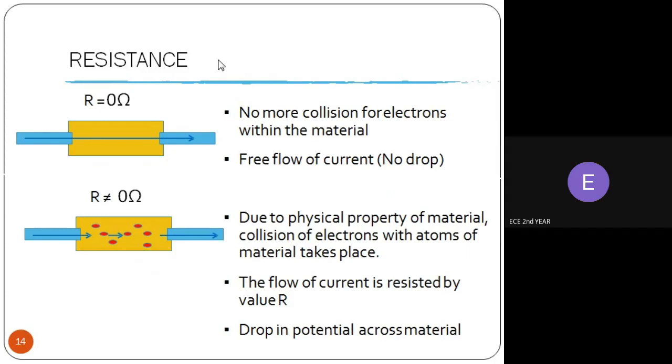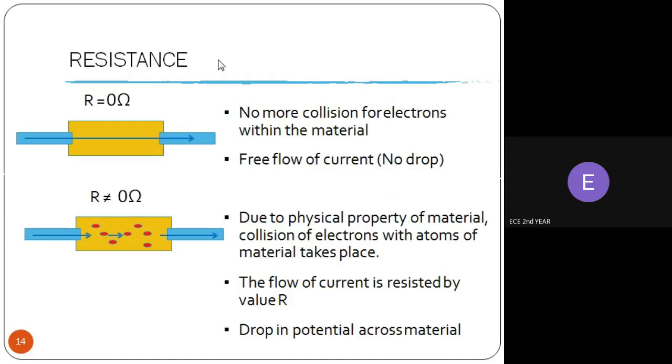When there is no collision of electrons within a material, such as a metallic conductor, there is free flow of current and no drop. In that case the resistance value is 0 ohms.